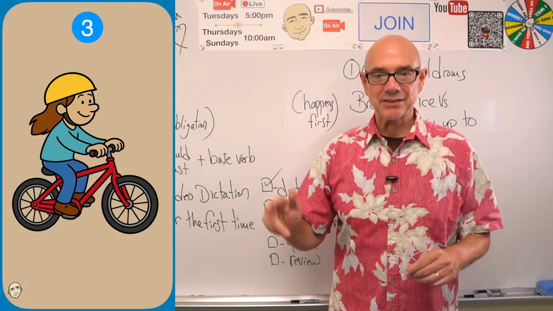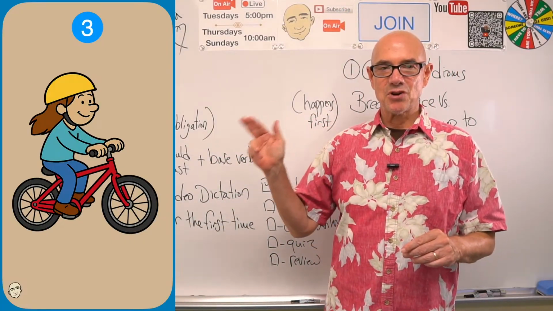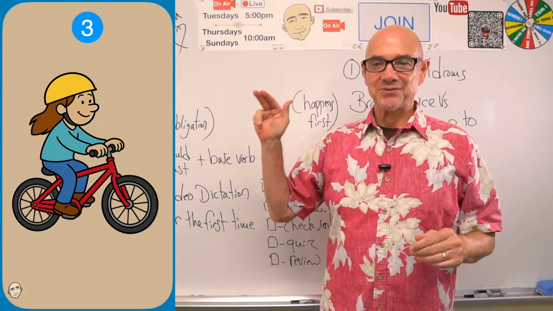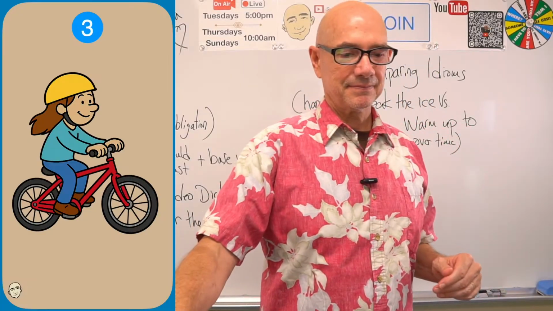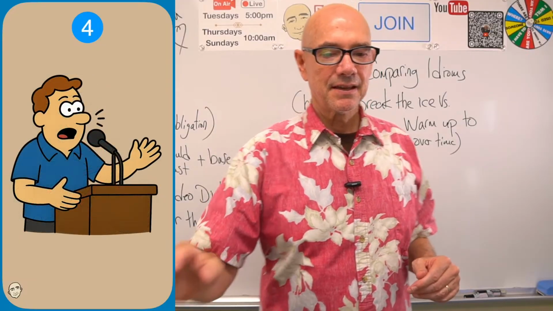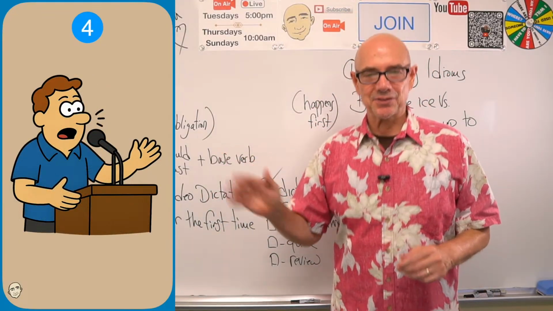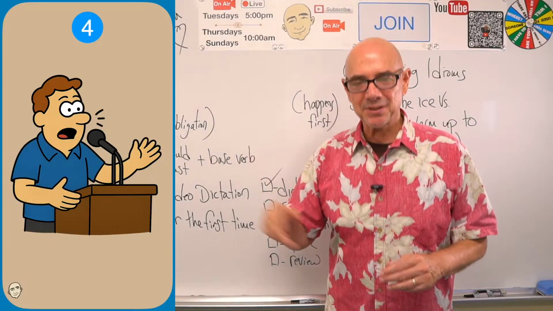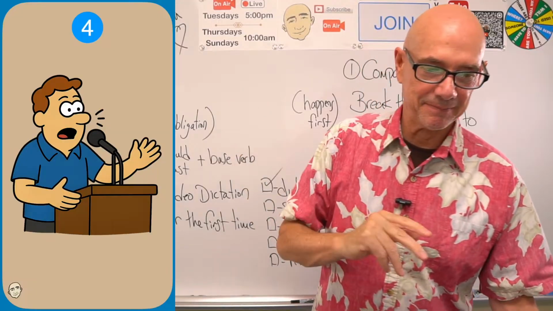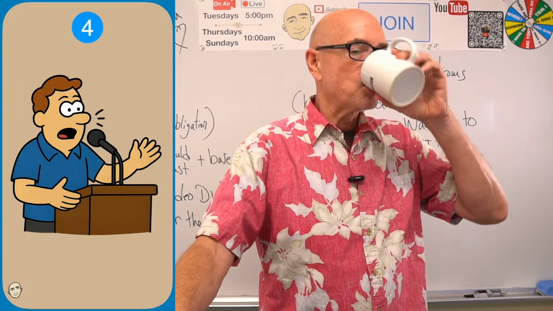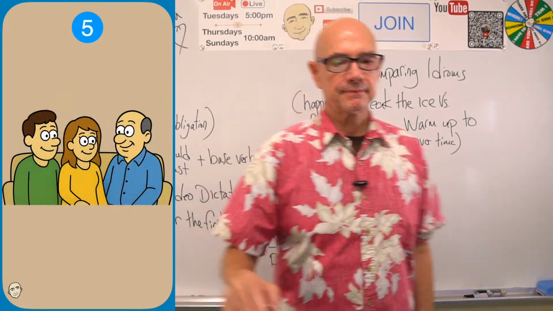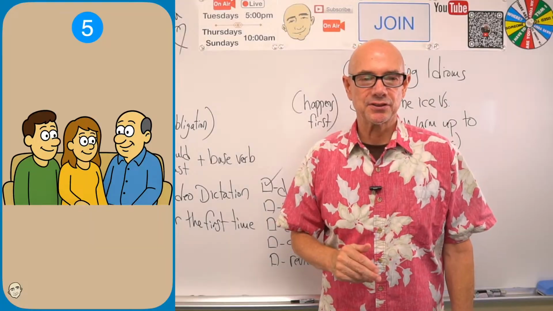She rode a bicycle for the first time. She rode a bicycle for the first time. She rode a bicycle for the first time. I spoke in public for the first time. I spoke in public for the first time. I spoke in public for the first time. We met her parents for the first time.